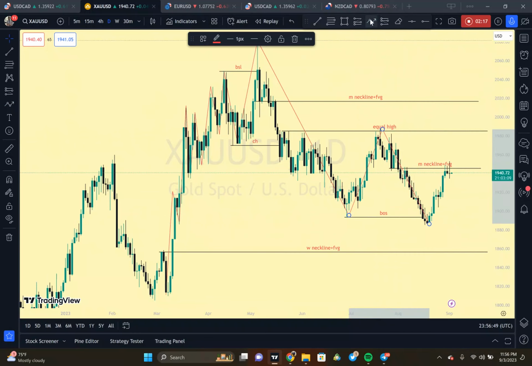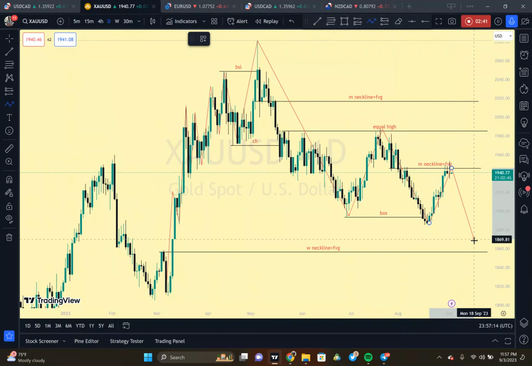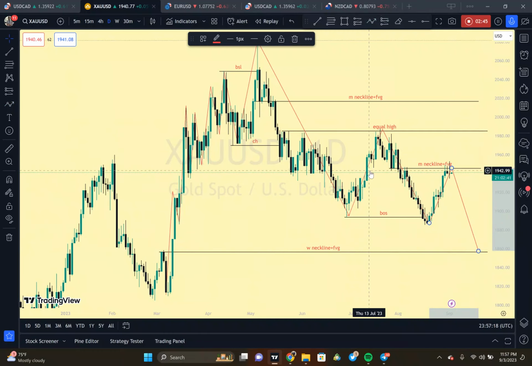And after breaking that particular low, price has once again retraced to this particular price point, which we can expect that price might not take out this particular high. If this bearish structure is to continue, then we should expect price at any point around this particular area between this line and this line. At any point, price can stop from there and start pushing to the downside once again.